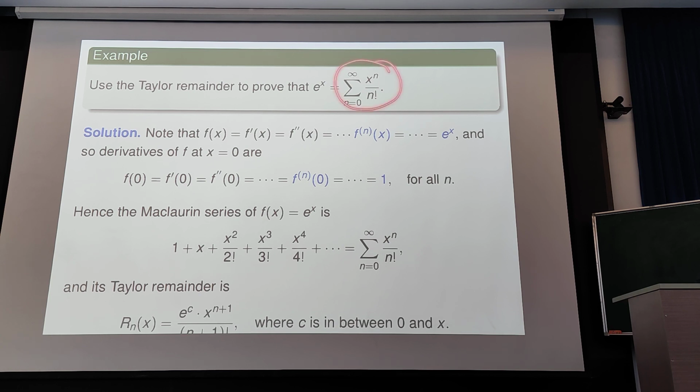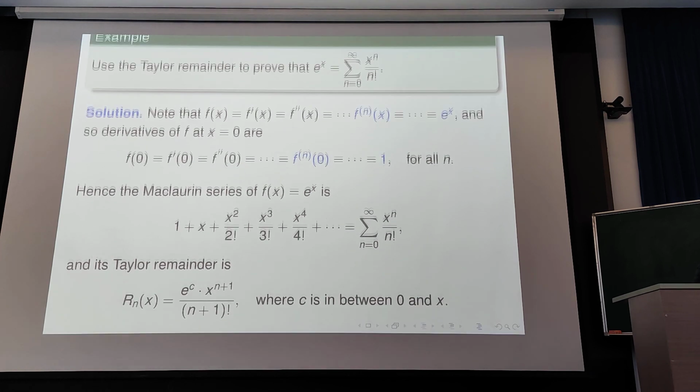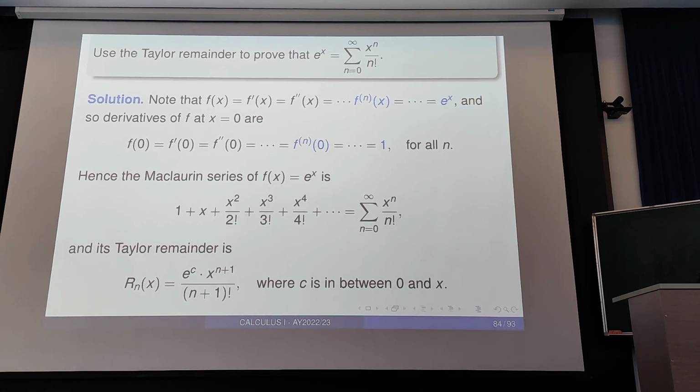The Taylor series of the given exponential function is this one. And it is very easy to verify. But we don't know if we have this equality, right? Now we need to check it. Here the power series is about 0, so it's also called the Maclaurin series, right?